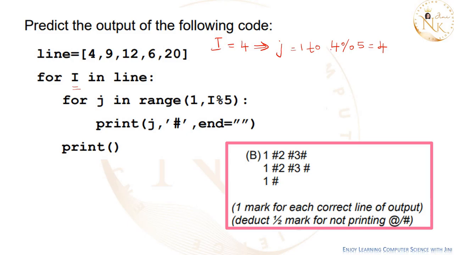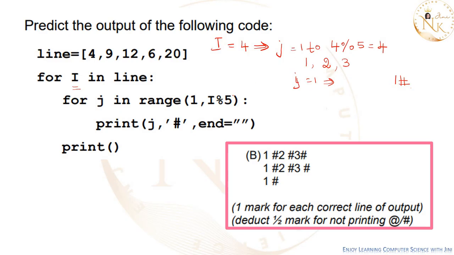Okay. 4 modulus 5 is 4 only. So when you cannot divide 4 by 5, the remainder itself is 4. There is no quotient. The remainder is 4 itself. Now, J takes the value 1, 2, 3. Since 4 is the last value, 4 will not be included. So when J is equal to 1, it will print J hashtag, end is empty, so the cursor will stay here.